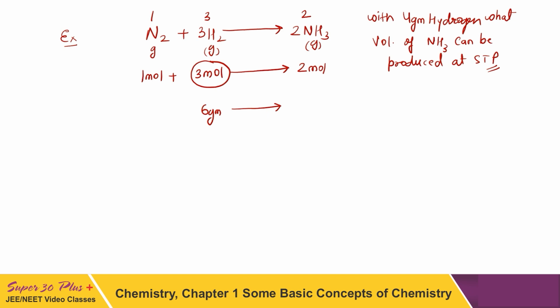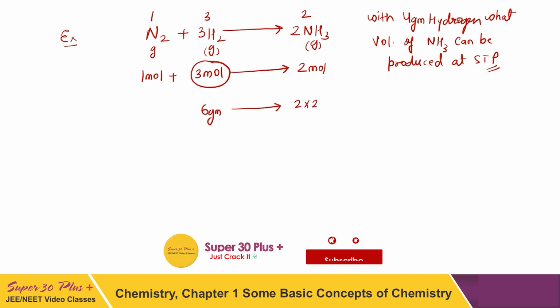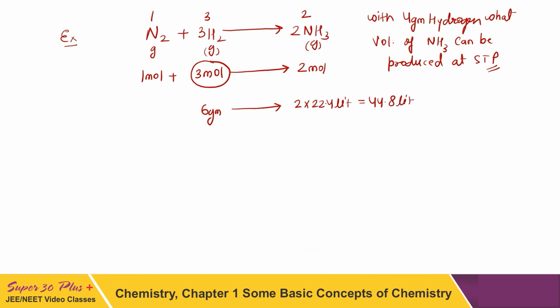And for ammonia, volume is asked, so I will convert the moles of ammonia into volume. We know that 1 mole of any substance at STP is 22.4 liter. So 2 moles will be 2 into 22.4 liter, which is equal to, my dear students, 44.8 liter. So by using 6 gram hydrogen, you can produce 44.8 liter ammonia.